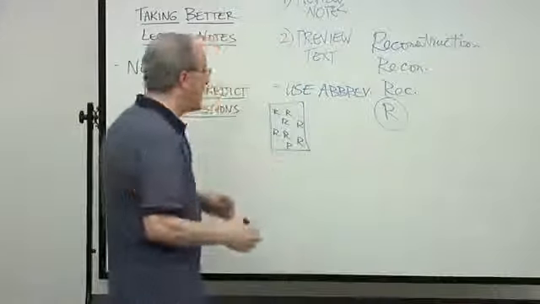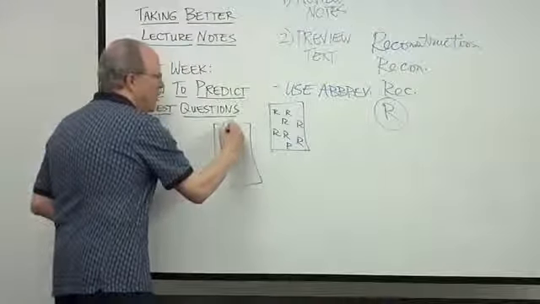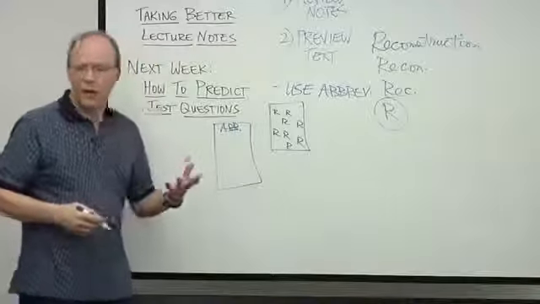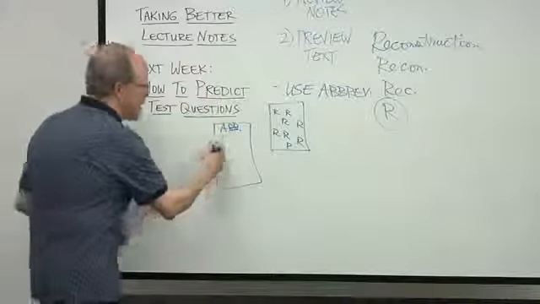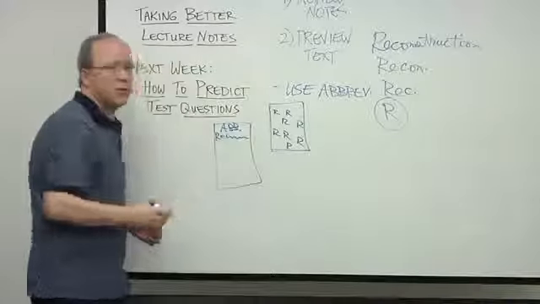So what they do is they find a sheet of paper, they write the word abbreviations at the top, and they abbreviate that. And then, in this example, they would write R equals, and then write the word reconstruction.